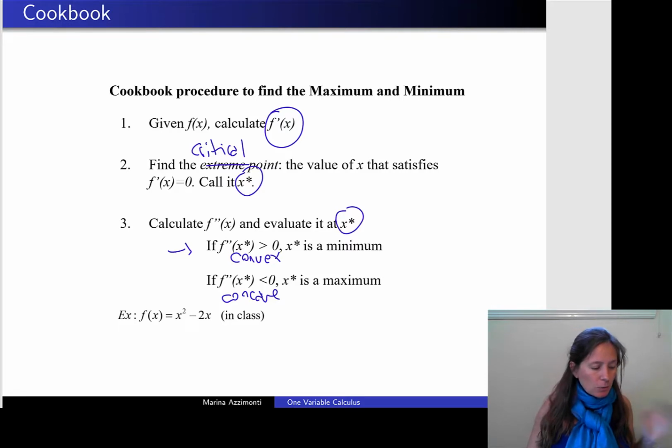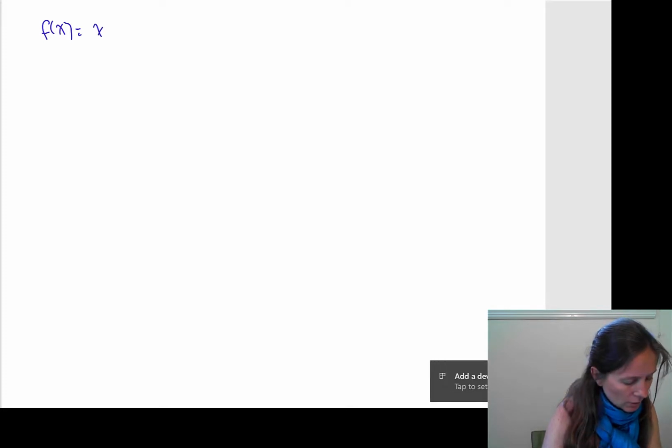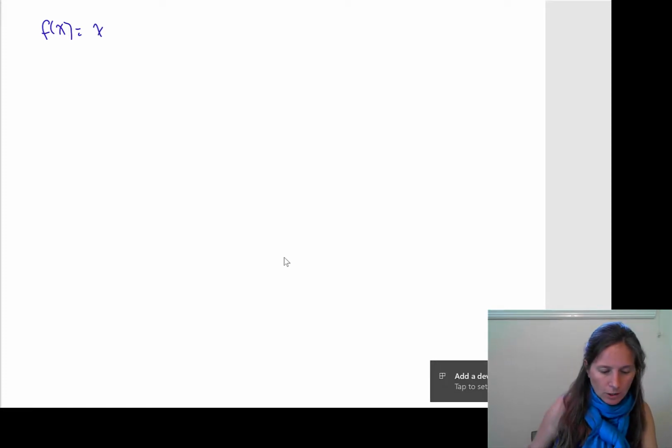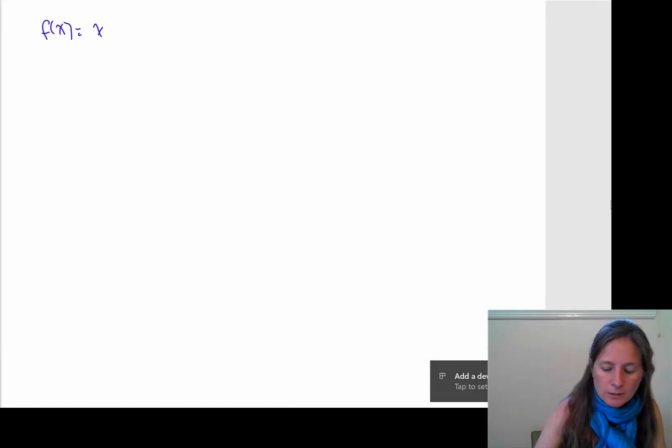So let's look at this with a very simple example. Let's say that our function is x squared minus 2x. So let me write it here: f of x is equal to x squared minus 2x.